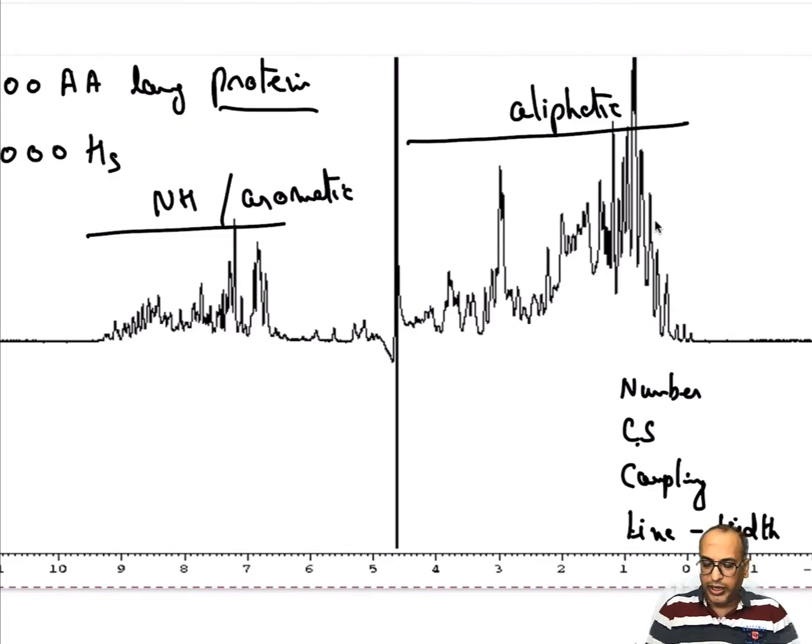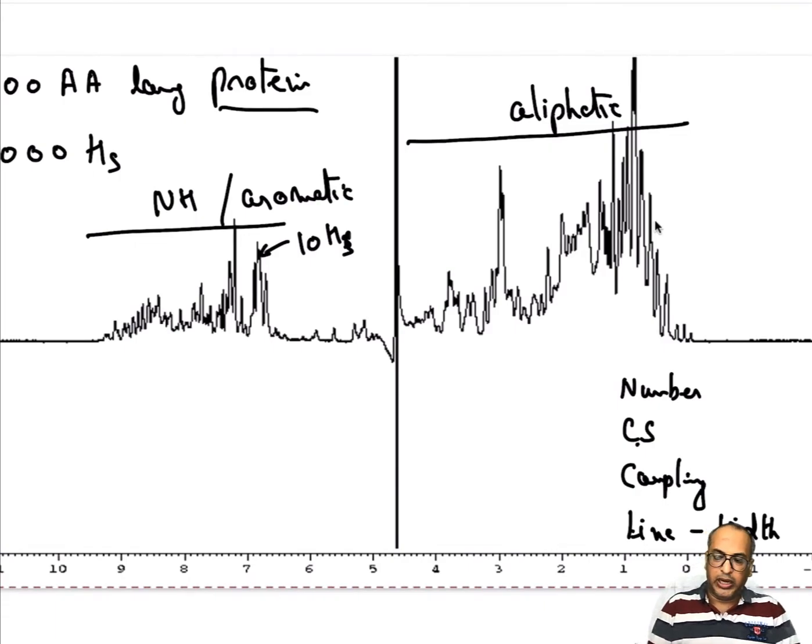Now if we can use any of this information, based on chemical shift, let's say there are 10 hydrogens giving rise to a signal at this point. That means all 10 hydrogens have identical chemical shift, so based on chemical shift you cannot resolve these lines. These lines are extensively overlapped. But can we use some alternate property to create a second dimension so that these lines are resolved?